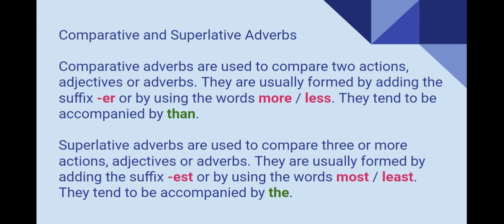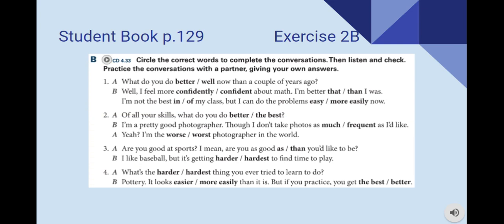Let's go to student book page 129, exercise 2b. Here, we need to complete the conversations by choosing the correct word. Now, here you will need to decide if you're using an adverb or an adjective, a comparative or a superlative.